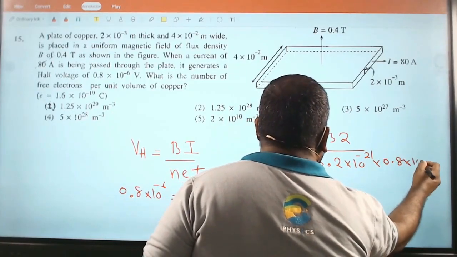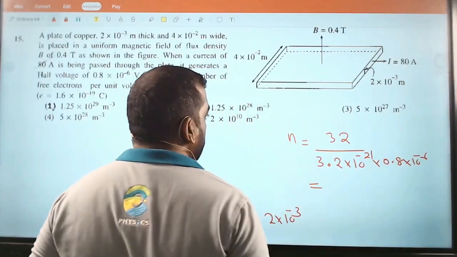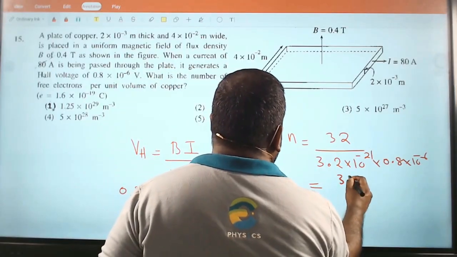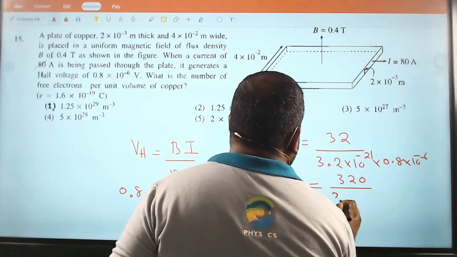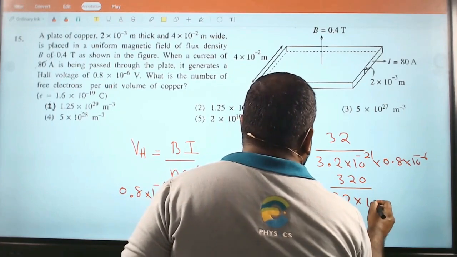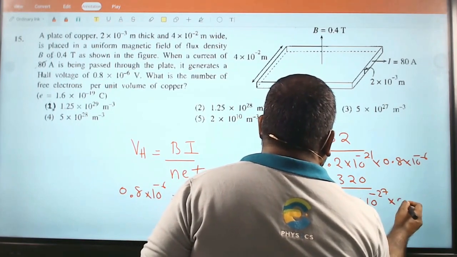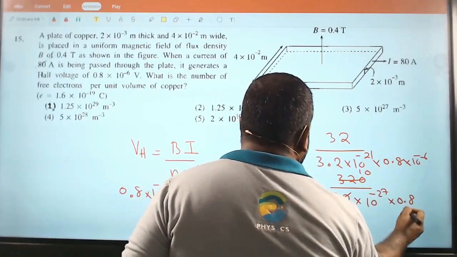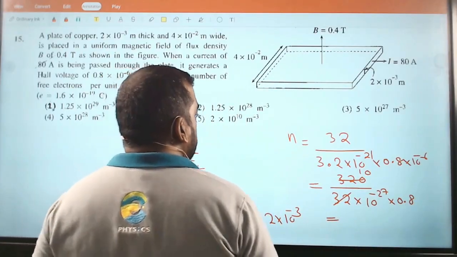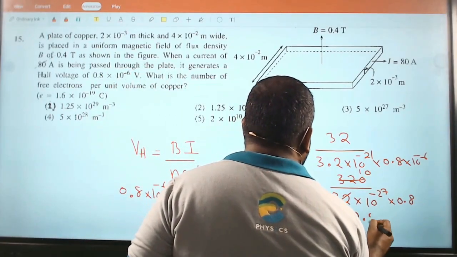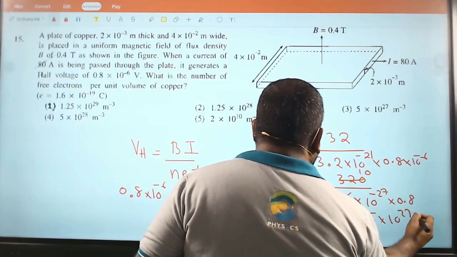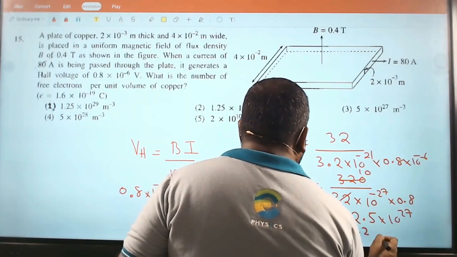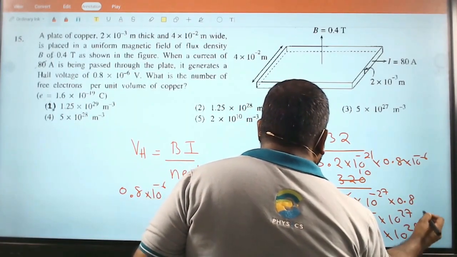0.8 10 to the power minus 6. Jump a decimal, 10 to the power minus 27. 100 divided by 8, 10 to the power 27, 1.25 10 to the power 28.